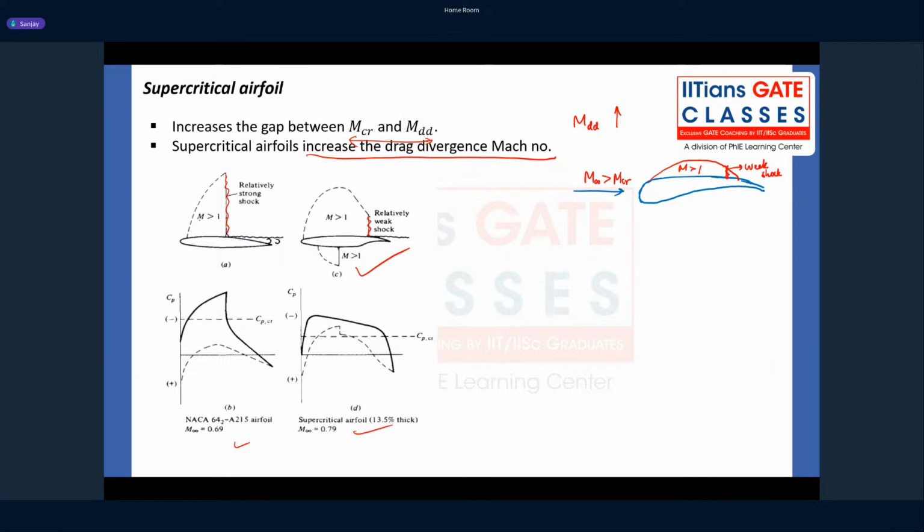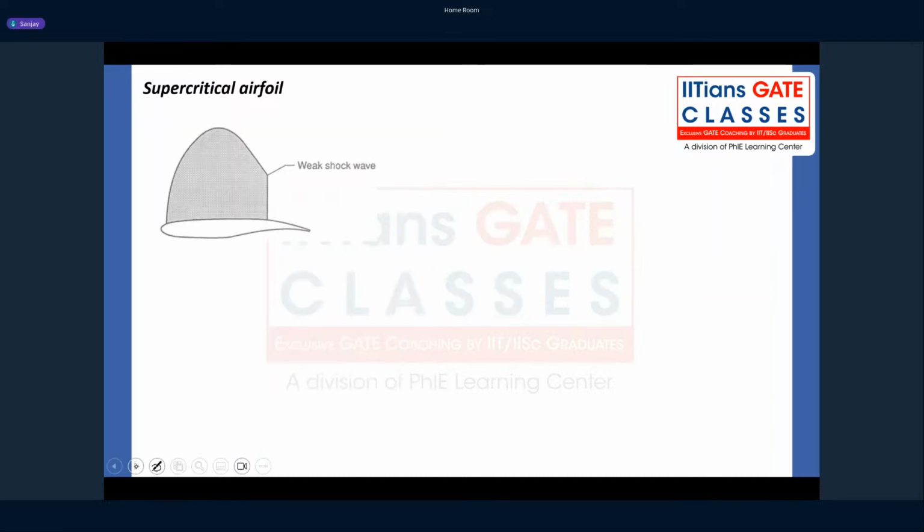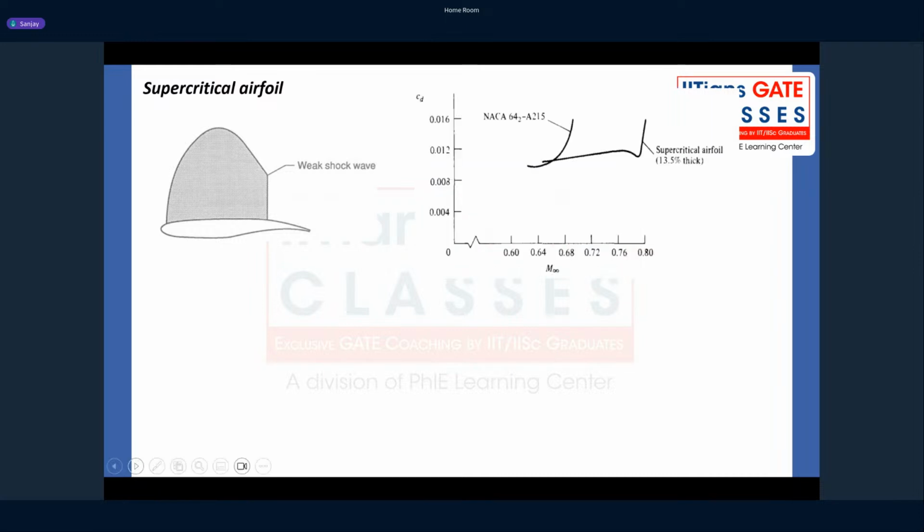And if you see the conventional aircraft which fly today, the kind of airfoils they use closely resemble the supercritical airfoil. The terminating shock is weaker, and that is why it creates less drag. So some important things about the supercritical airfoil: it has a weak shock wave, right?